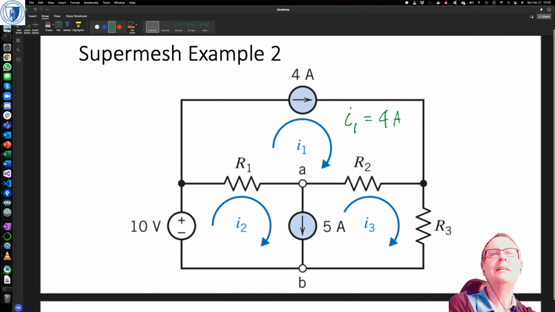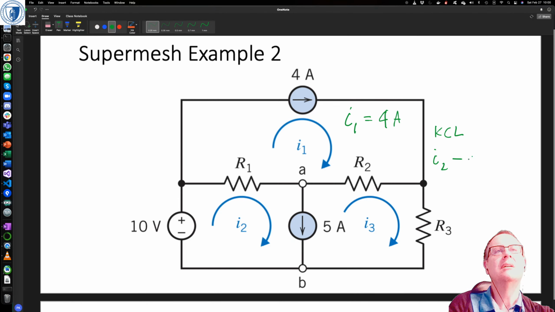And then here we've got a current source with two mesh currents flowing through it, so our KCL equation is I2 minus I3 equals 5 amps.